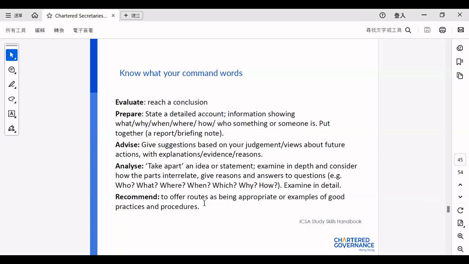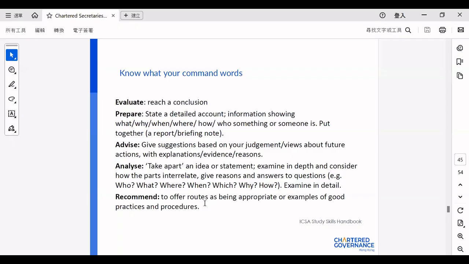You have to justify why you reached a conclusion. If you're asked to prepare a report, then you have to write in the format of a report, stating logically, step by step, what the things in the report are. If you're asked to give advice, then you have to give suggestions based on your judgment, based on your views, right? You don't just give advice to do something without any justification. You have to convince your boss why you give such advice.